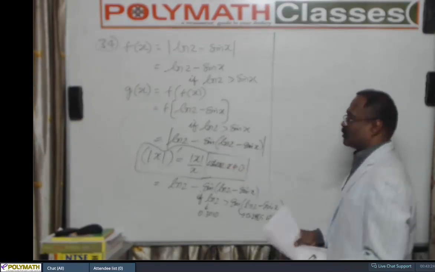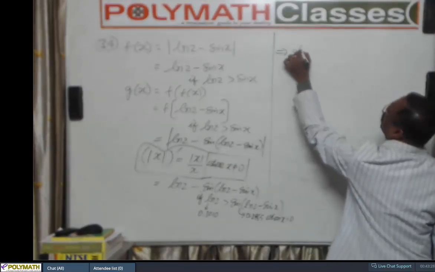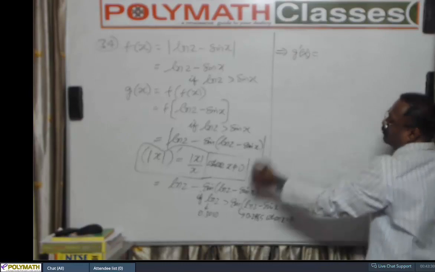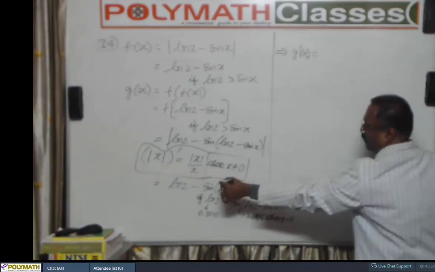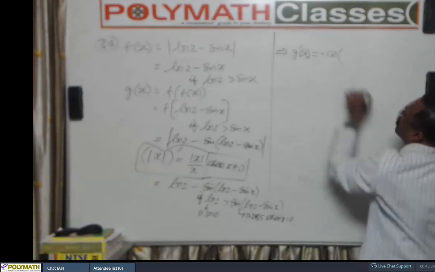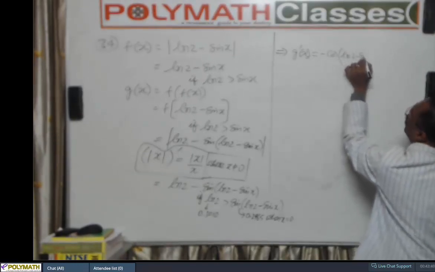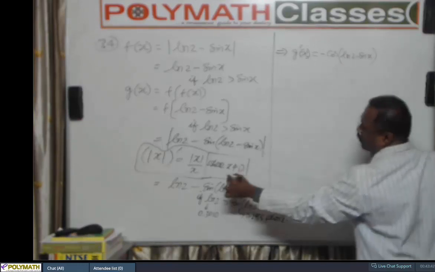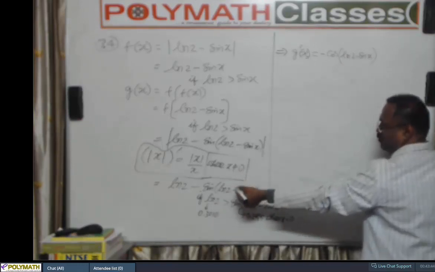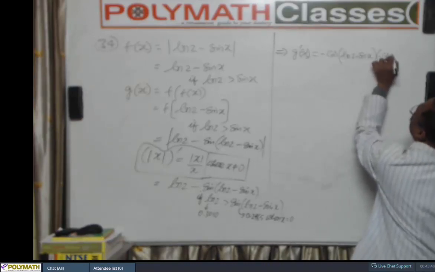Remove the modulus. Then what should g dash x be? g dash x is nothing but the ln2 derivative, 0, and minus sine of (ln2 minus sin x) becomes minus cos of (ln2 minus sin x) into its derivative: ln2 derivative 0, minus sin x derivative, minus cos x.